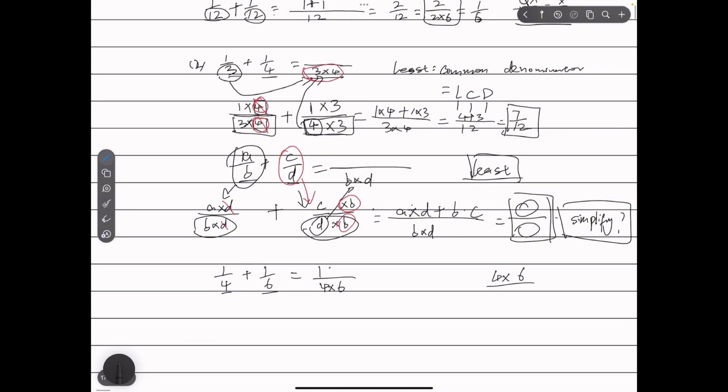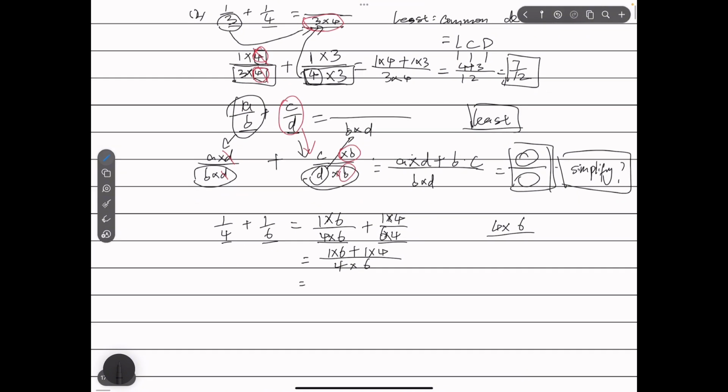For the first number, the top will be 1 times 6 plus 4 times 6 over 4... we also need to use 1 times 4. So 4 times 6 will be the common denominator for 4 and 6. The denominator will be 4 times 6, and on top, 1 times 6 plus 1 times 4.